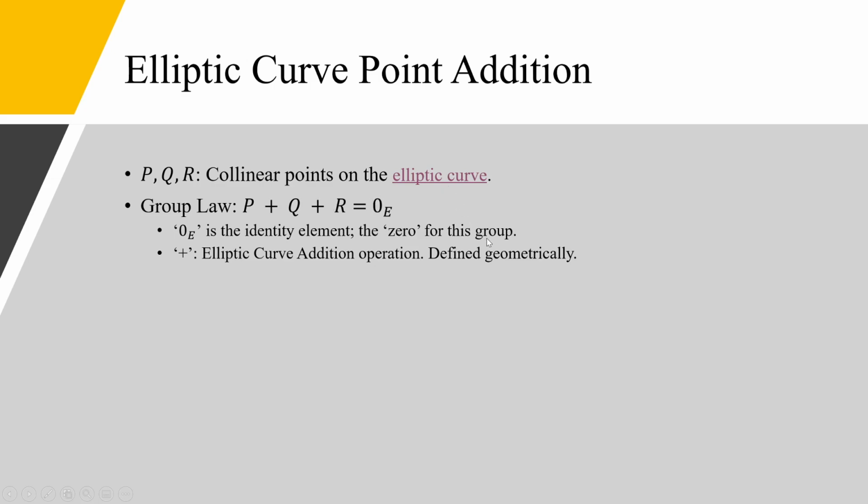I'll explain this next, but it's important that this operation, elliptic curve point addition, is purely defined geometrically. Even when we write out the equations, we see that the only way we get the equations is by doing whatever we do geometrically, except using coordinate geometry, the same equations we learned in grades 11 and 12.